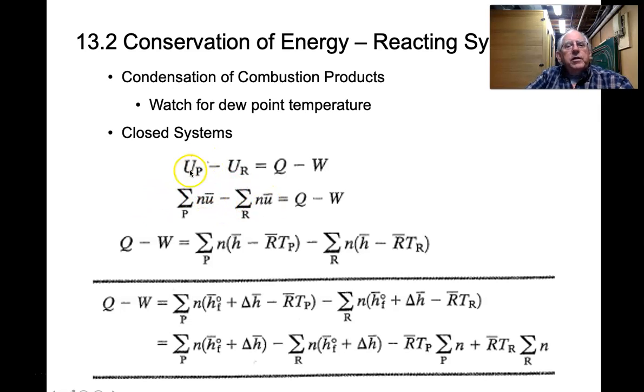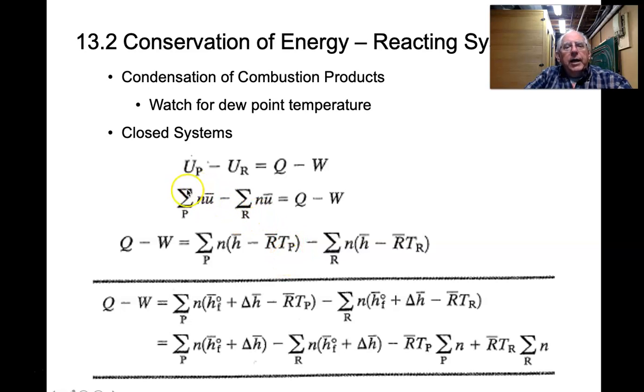And since we know that there's a relationship between the internal energy and the enthalpy, and that relationship is H minus PV, or the flow work term, and for an ideal gas, we know that PV is equal to RT.